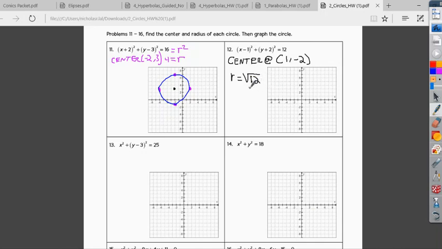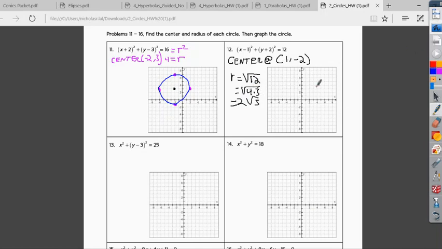To simplify, the square root of 12 is the square root of 4 times 3. The square root of 4 is 2, so that's equal to 2 root 3, because 4 is the perfect square there.